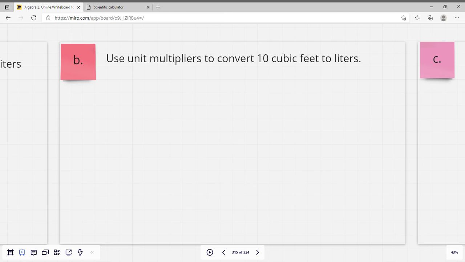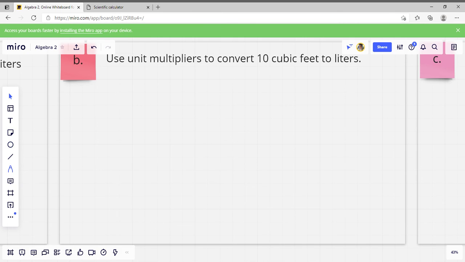Use unit multipliers to convert 10 cubic feet to liters. Okay, so first we're going to write 10 feet cubed over 1. Now, we can remember that 1 centimeter cubed equals 1 milliliter.